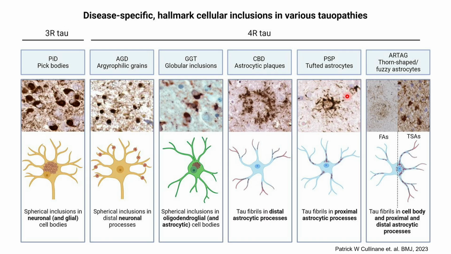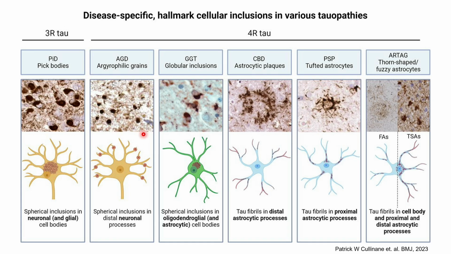Then these are various diseases leading to neurodegeneration, and it could be because of 3R or 4R tau. What is 3R and 4R? It's easy: 3 repeats and 4 repeats of the tau. In Pick's disease, there is a spherical inclusion of the tau around the nucleus.